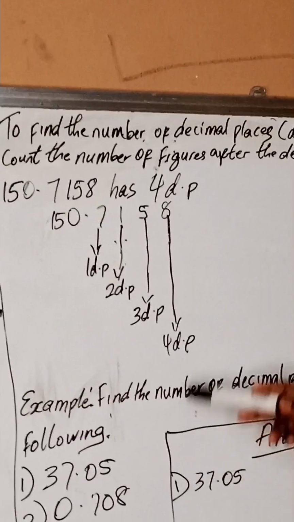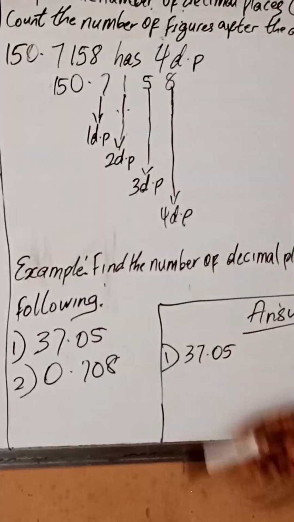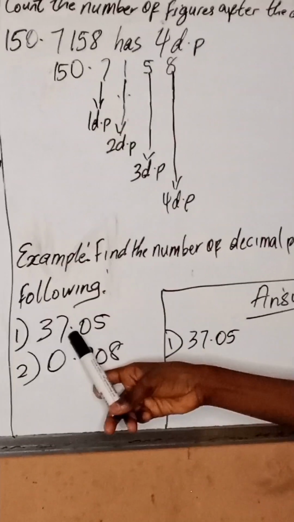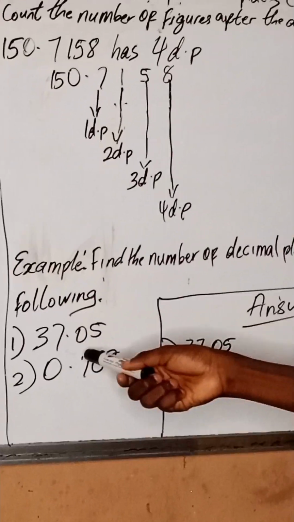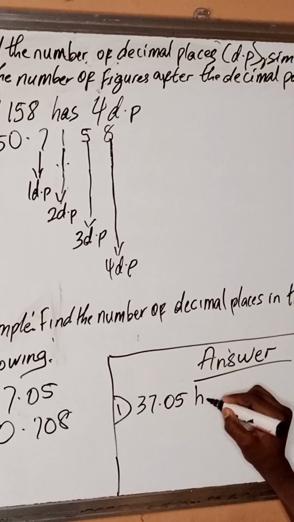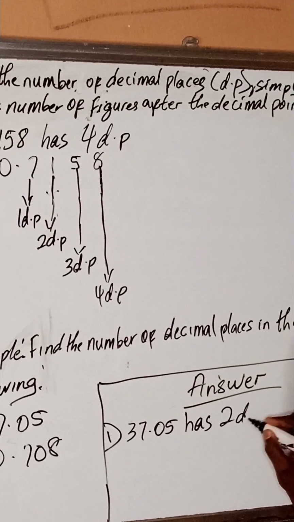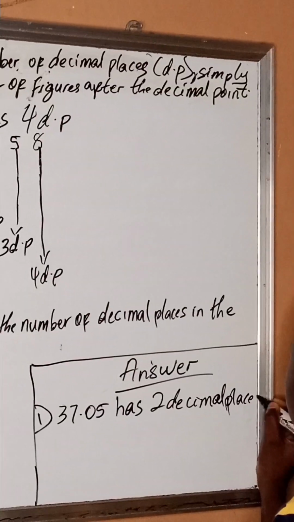So let's take this example. Find the number of decimal places in the following: 37.05. After the decimal point, how many numbers do we have? We have 0, 5. Let's count them: 1, 2. So 37.05 has 2 decimal places.